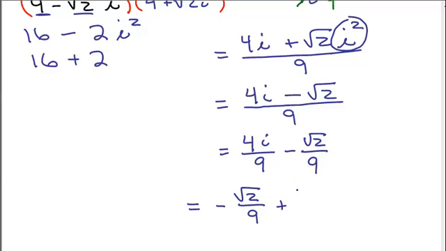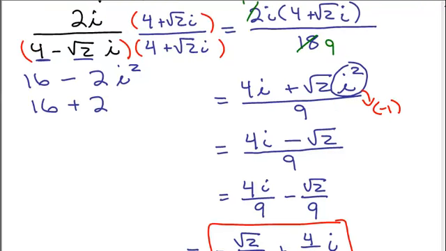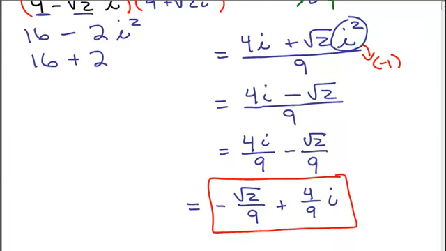You want to read that as, what's the coefficient of i? 4/9 i. Okay, so the only thing I didn't do is write that as a negative 1, that step, and then change that to a minus square root of 2. Oops. So there's our simplified answer.